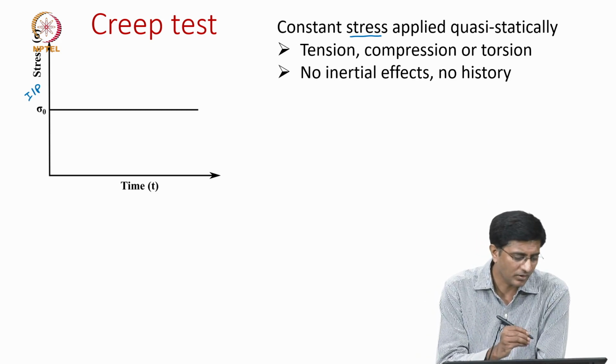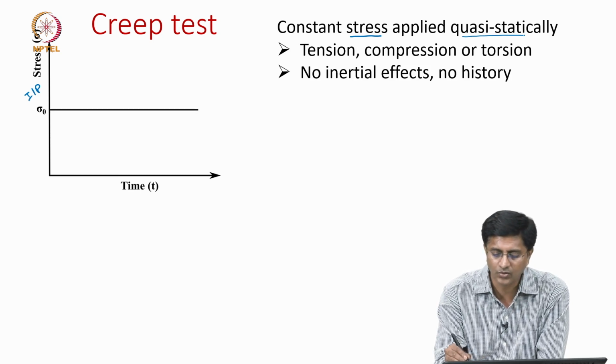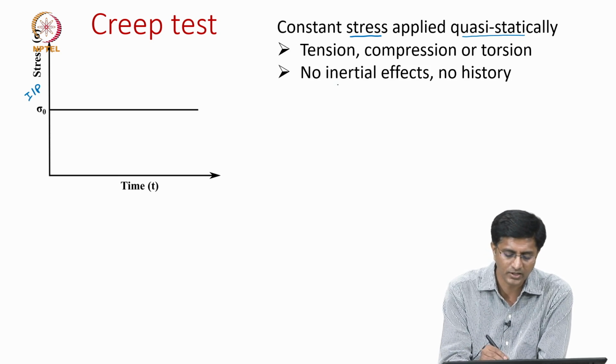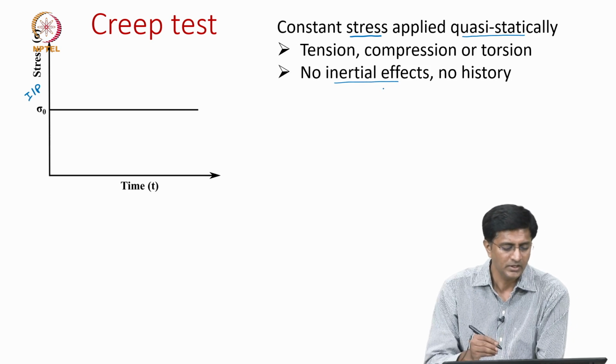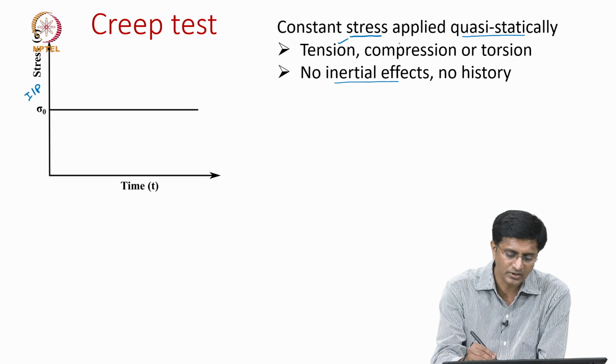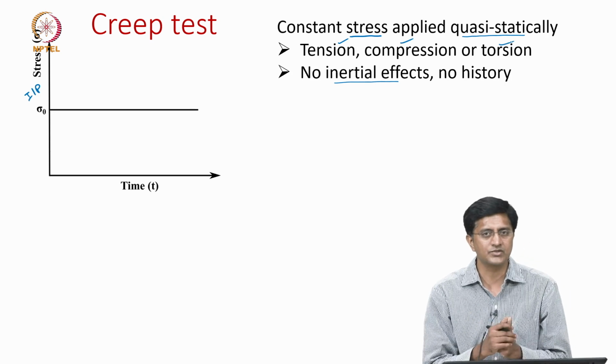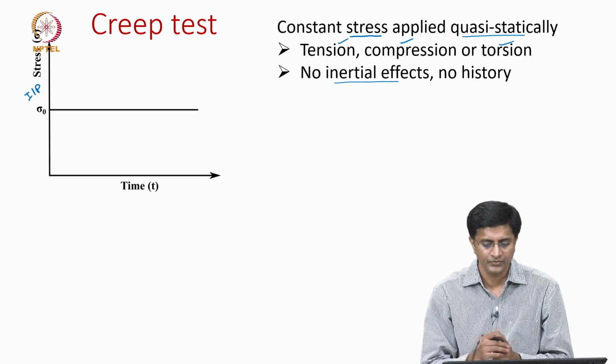Again, when we are talking about testing polymers, we say that we are applying a quasi-static load, meaning that there are no inertial effects, and of course, even this creep test can be done in tension, compression and torsion, just like how we discussed for relaxation tests.